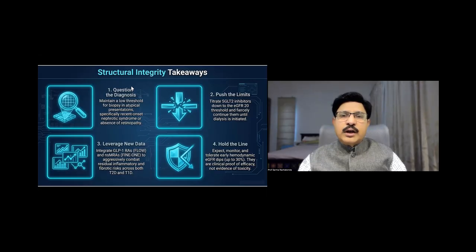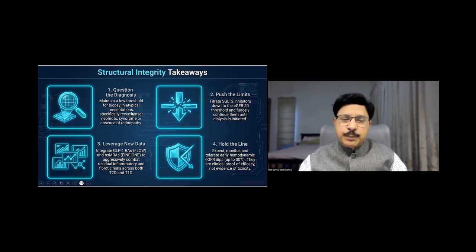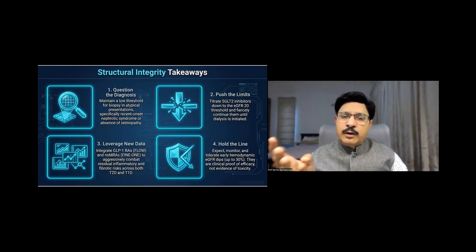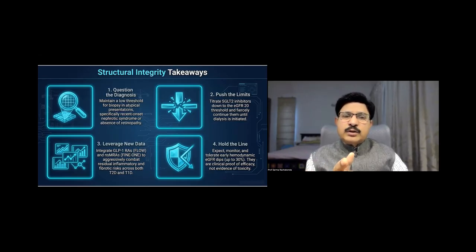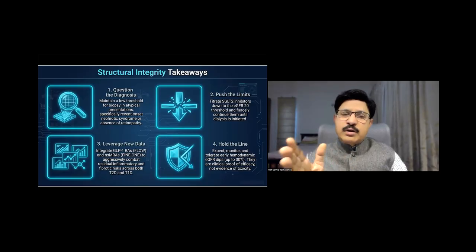Now, structural integrity takeaways. Number 1, maintain a low threshold for biopsy. Don't postpone biopsy in atypical presentations. What are atypical presentations? People who are late in onset, very rapid progressors, no retinopathy, and they have more cardiovascular risk and dying. The diagnosis should be based on early biopsy.